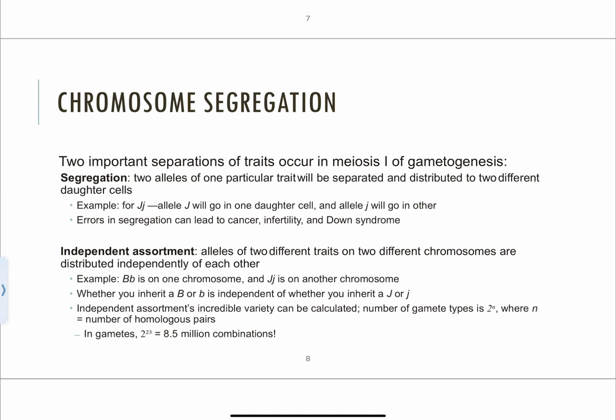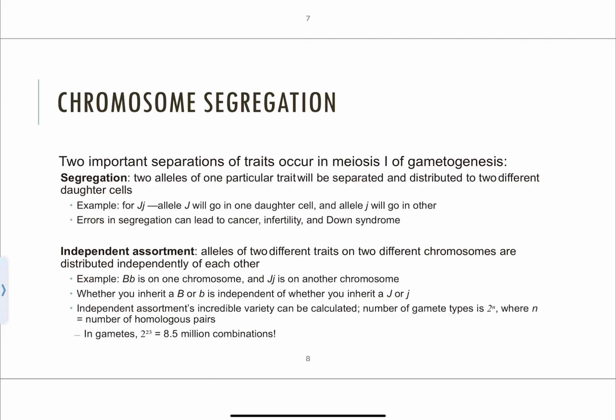So we also have independent assortment, which was one of the factors that I said could contribute to increasing genetic variability. And we're working with the alleles of two different traits, like we've been talking about, that are on two different chromosomes. Well, these are going to be distributed independently of each other, meaning they are not connected.